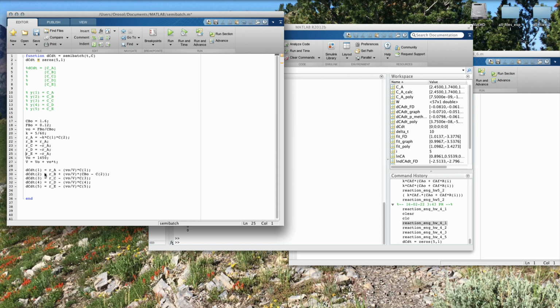And so you have dCA dt, and I just have dC dt because I can't have dCA dt. So this is referencing the different locations. So 1, 2, 3, 4, 5, and so I know that the first one, dCA dt, is equal to RA minus V naught over V times CA, which is C1.